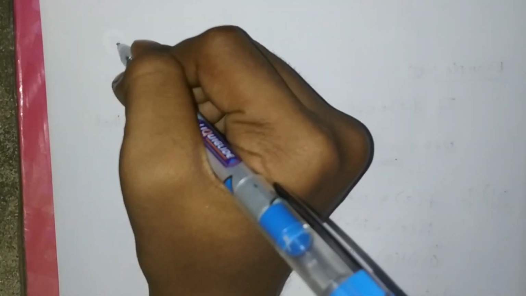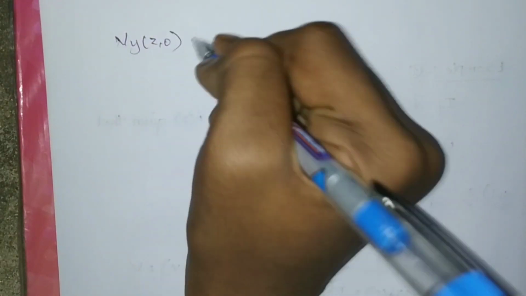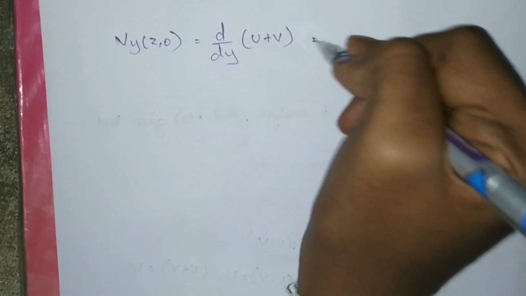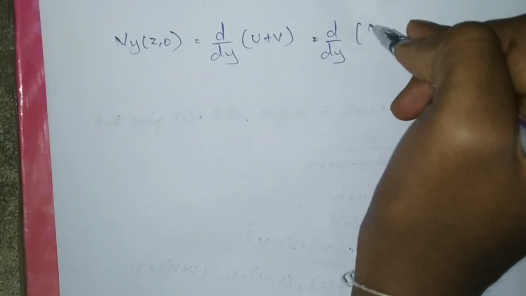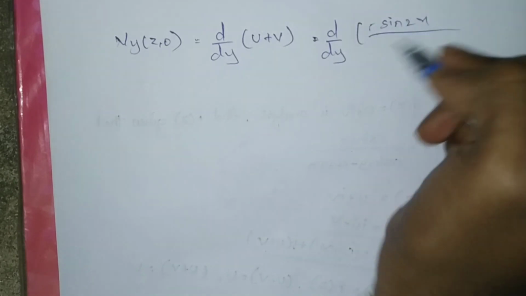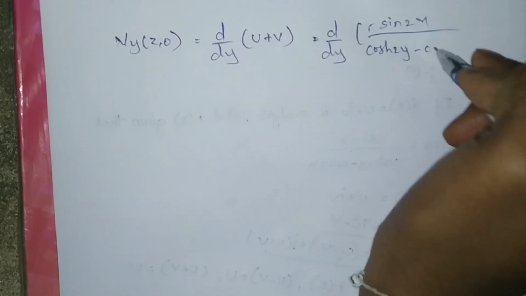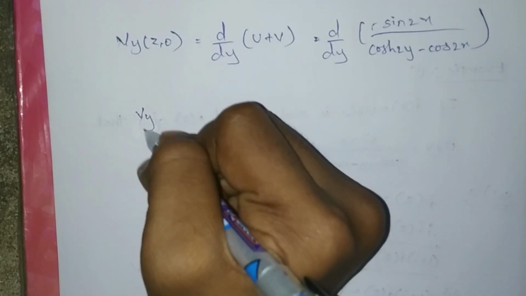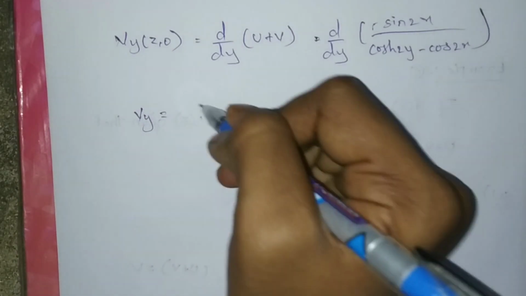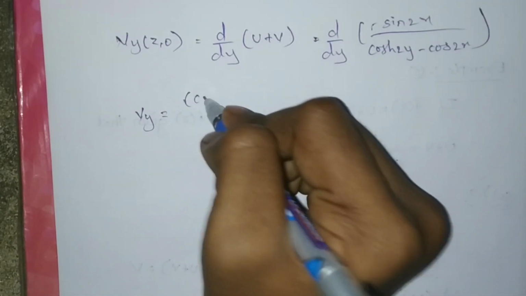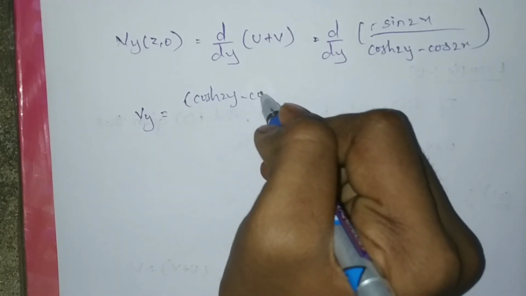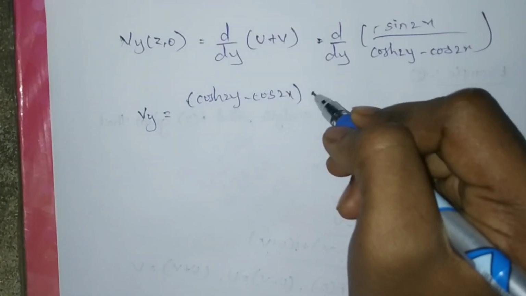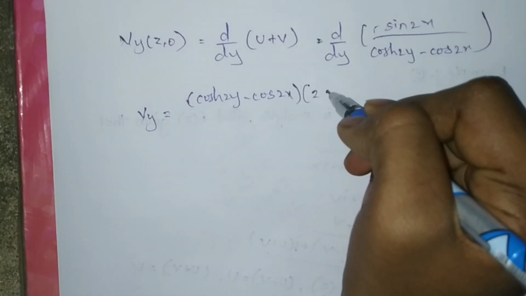Now we are going to find vy at (z,0). vy is d/dy of (u + v), which is d/dy of sin 2x by (cosh 2y − cos 2x). Differentiating with respect to y, it becomes (cosh 2y − cos 2x) into the derivative of sin 2x.